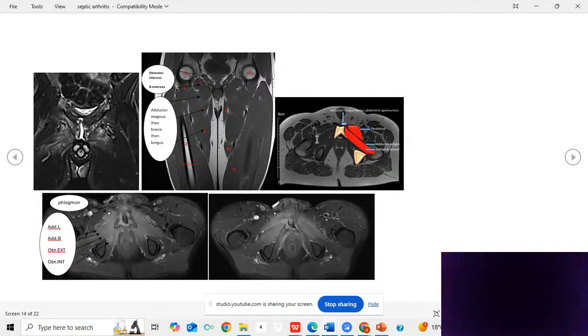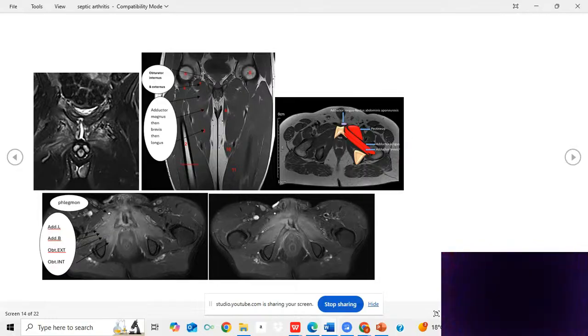This muscle is pectineus muscle. Okay, obturator internus, externus, adductor brevis, adductor longus, pectineus.